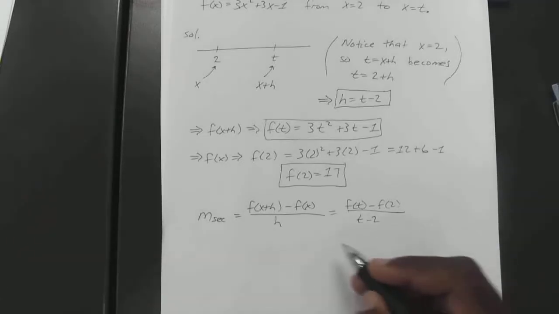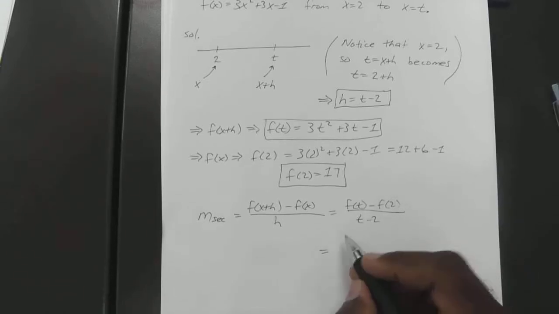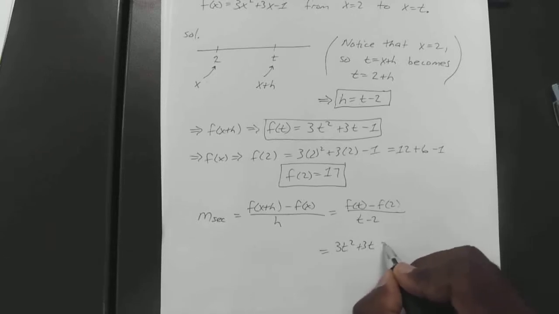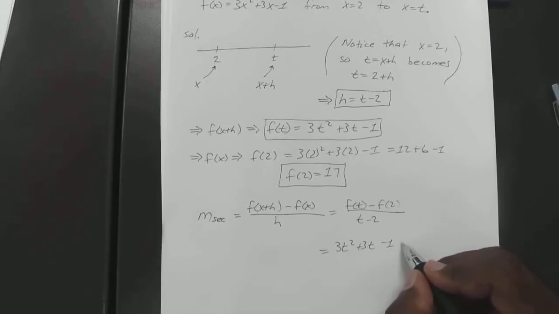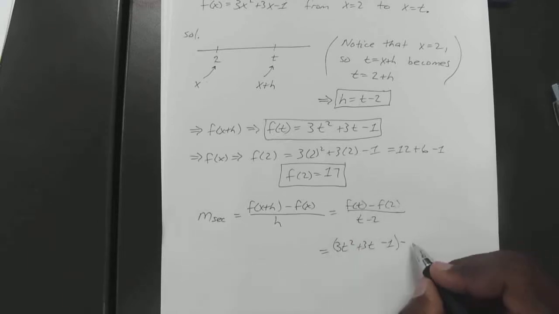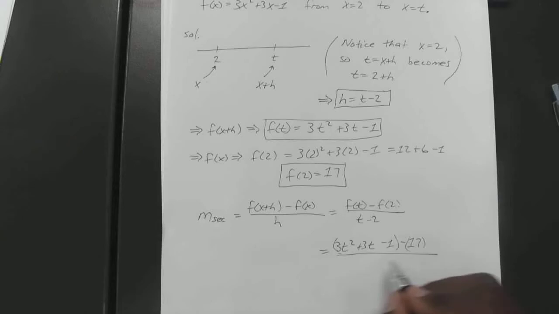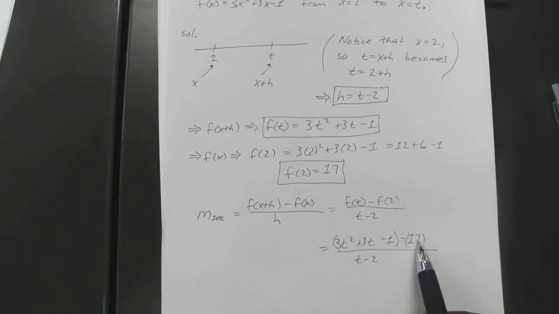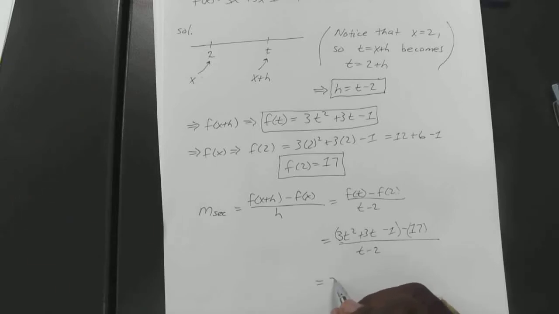So we end up with f of t, which is 3t squared plus 3t minus 1, minus f of 2, which is 17, all over t minus 2.